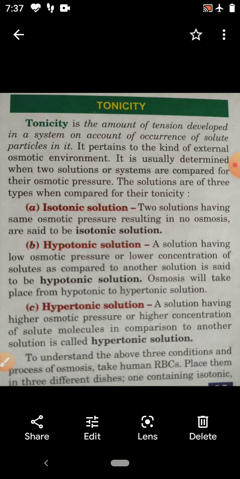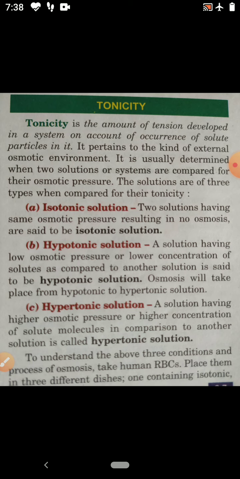If we compare the solution with the concentration of the cell sap, and the solution has fewer solute particles than the cell sap, then it is a hypotonic solution. When a cell is placed in a hypotonic solution, water molecules move from outside into the cell through the cell membrane. This is called endosmosis.